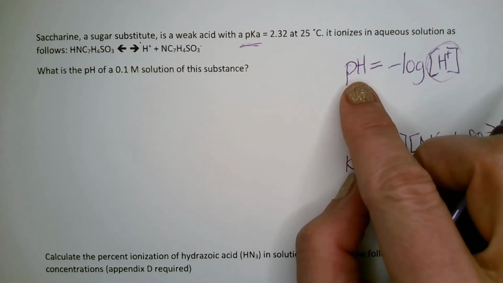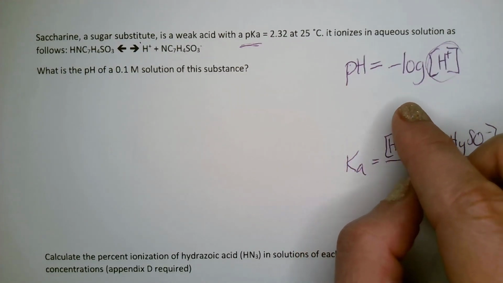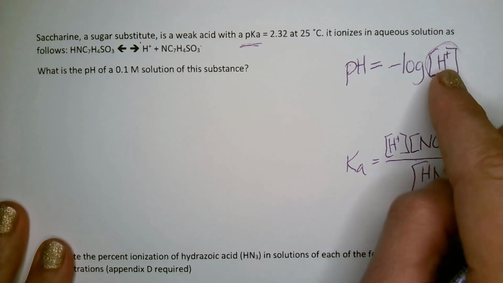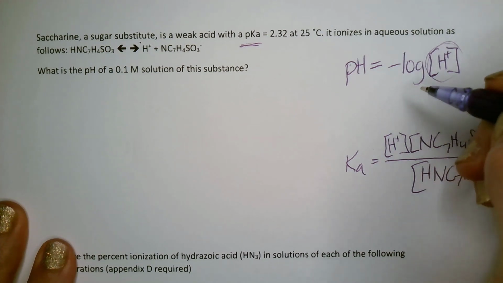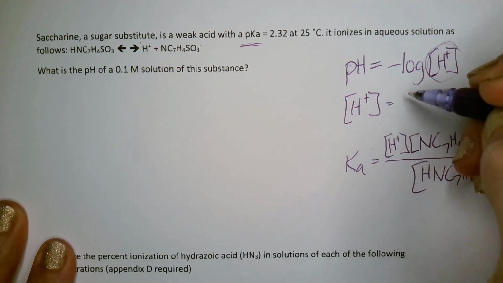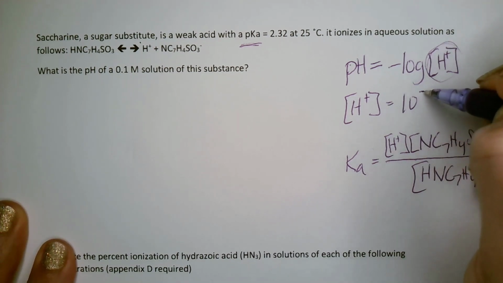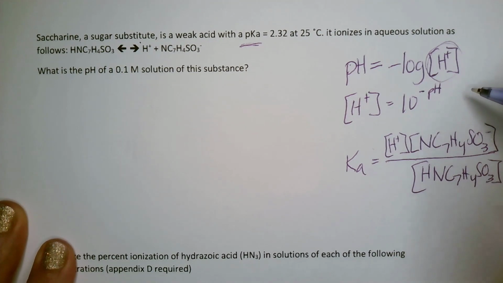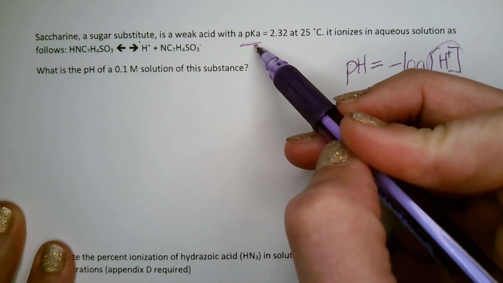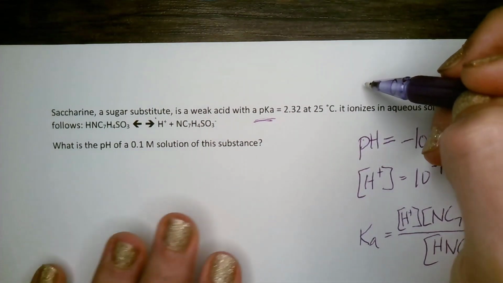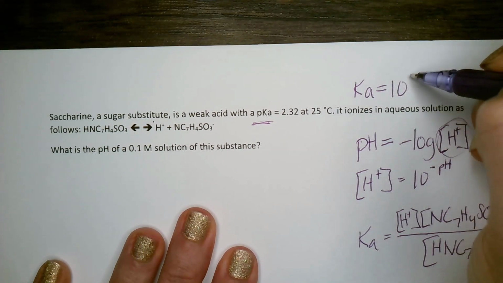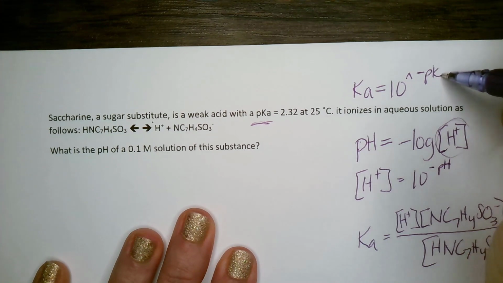Similar to if I needed the H+, how do I work backwards? To get the H+ concentration, we would do 10 to the negative pH. We just need to do the opposite. So if I want the Ka and I have the pKa, it's a similar setup: Ka is equal to 10 to the negative pKa.